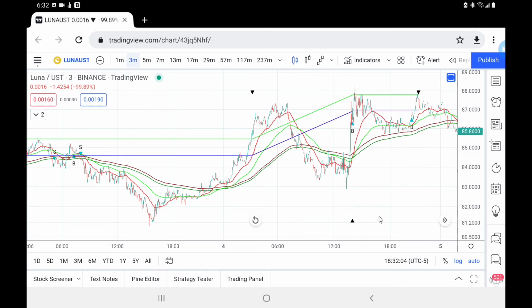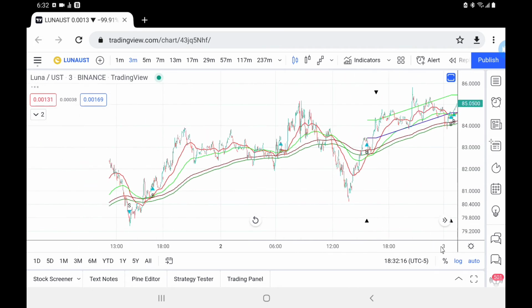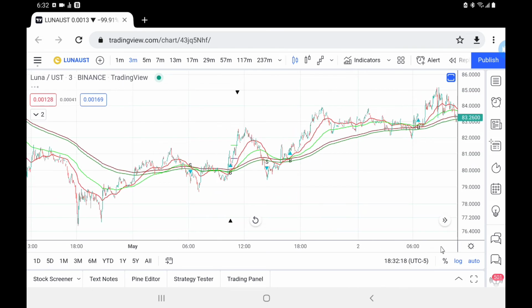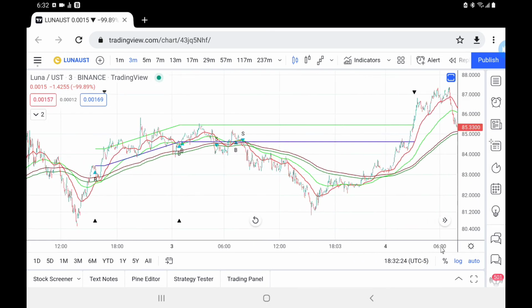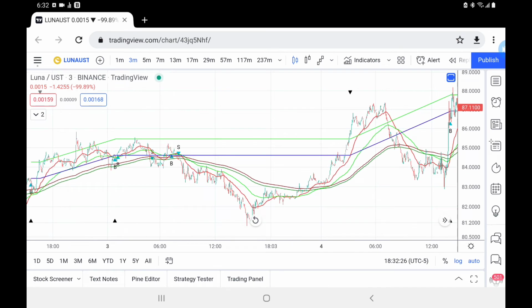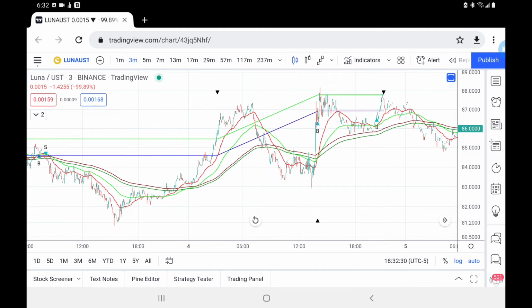It got in and it got out on, is this May 5th? Yes, May 5th. So on a 3 minute chart, this thing got out before all the mayhem started. Not bad and quite reasonable.